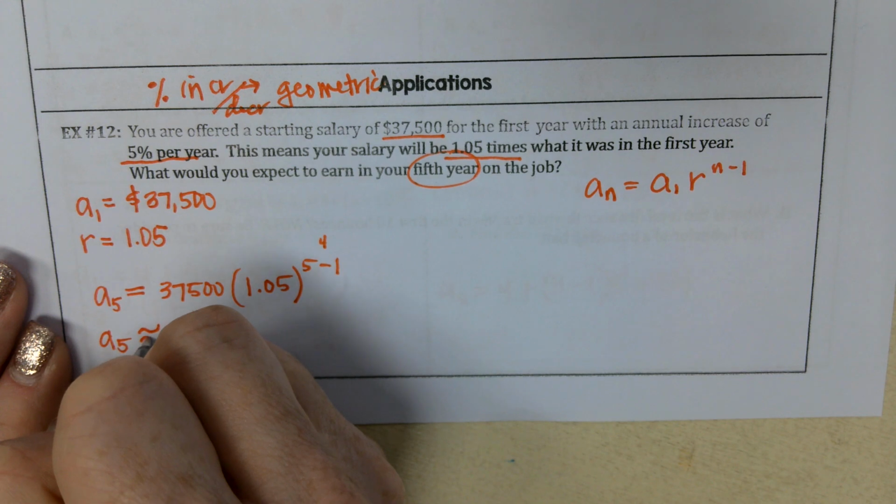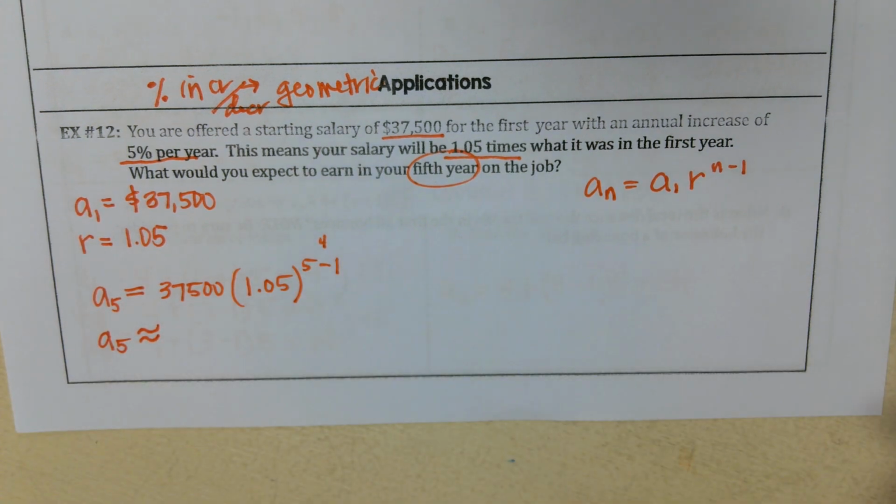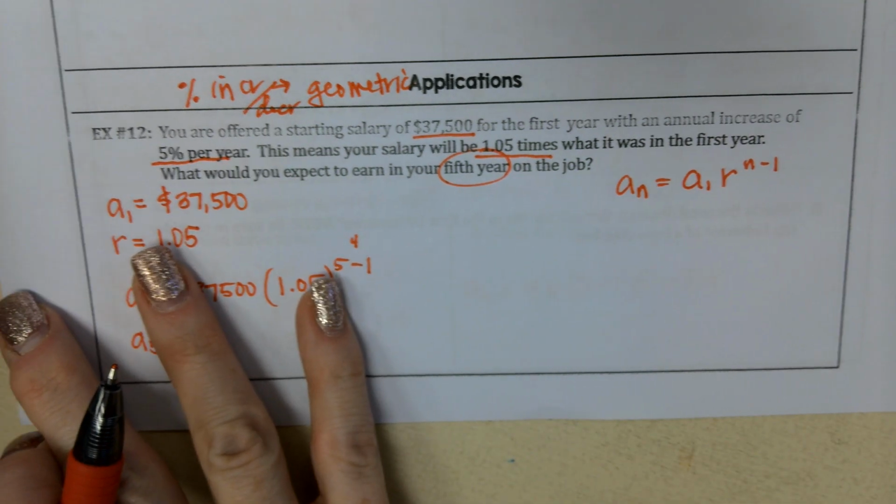Now I'm going to do an approximation here because we know that if I get decimals behind what I need for money, I'm going to have to round.